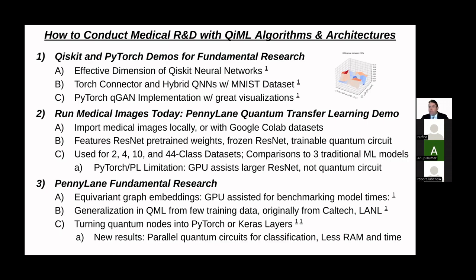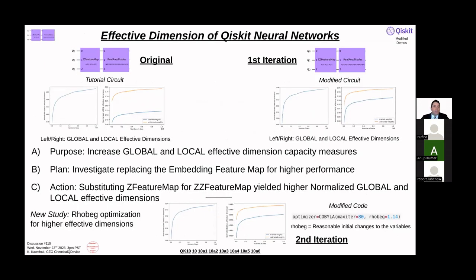And like I said, you're going to have to stick to a high RAM CPU for the time being until all these, the PennyLane PyTorch or even the Qiskit PyTorch, things get worked out with using GPU. So I'm going to present on some new results with that, basically requiring significantly less RAM and significantly less time to do classification tasks. So here's the first one.